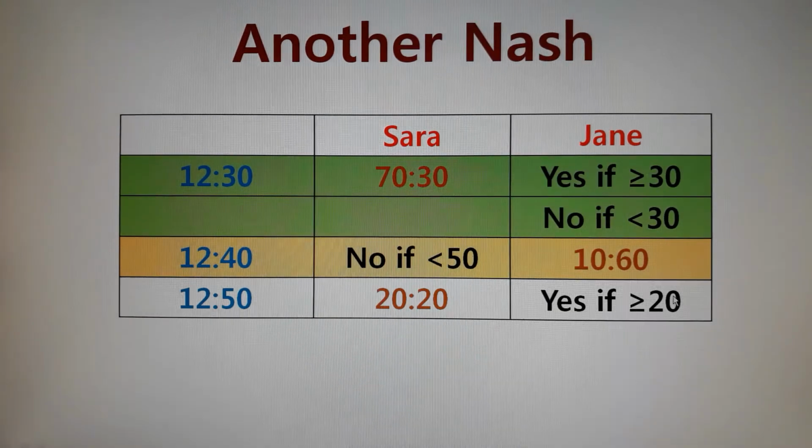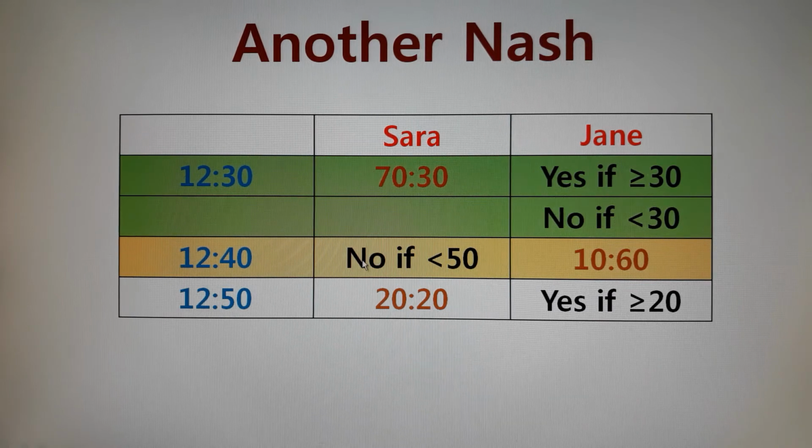But the easier trick, if somebody asks you to find a Nash equilibrium that is not a subgame perfect equilibrium, is that you do not touch the equilibrium path and you do some trick on the non-equilibrium path. Once 70-30, Jane offers 10-60 and Sarah says no for any offer less than 50.